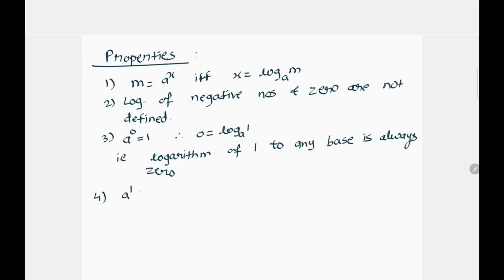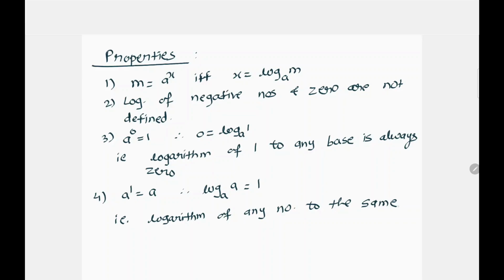Fourth, a raised to 1 is equal to a. Therefore, log a to the base a is equal to 1. That is, logarithm of any number to the same base is 1.